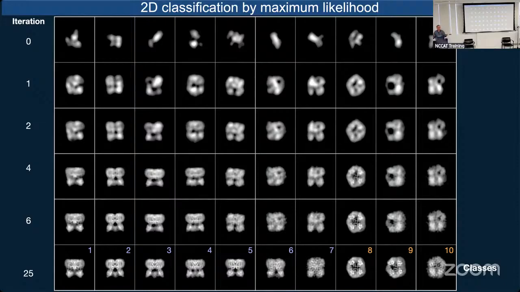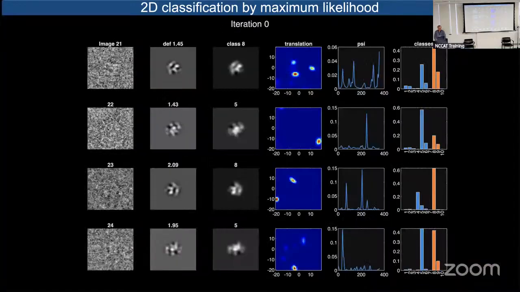That is, we have a set of images and we're trying to optimize a set of classes which are estimates of the underlying references.